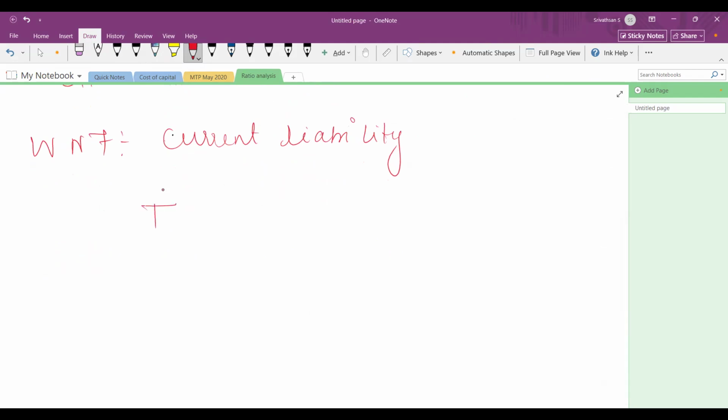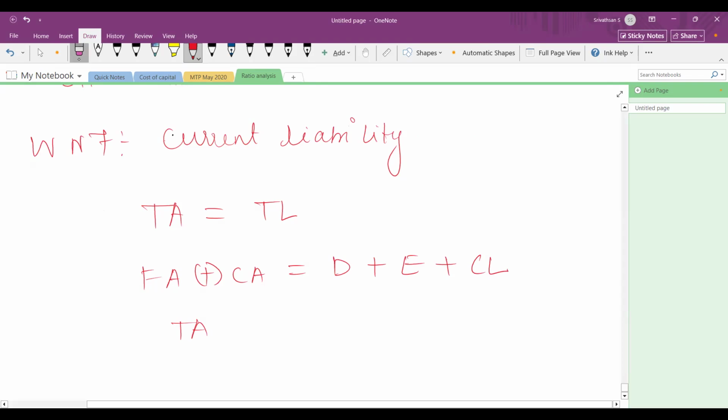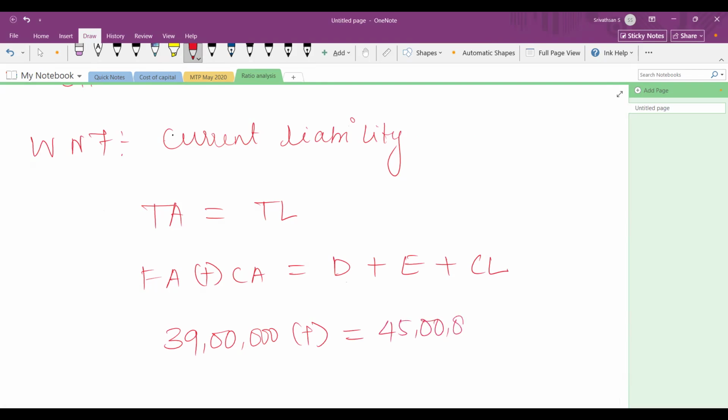Listen, we know that total asset is equal to total liability. Total asset, we have fixed asset plus current asset. On the liability side, we have debt plus equity plus current liability, right? Fixed asset is given in the question, how much? 39 lakhs. So 39 lakhs plus current asset is equal to debt, 45 lakh, plus equity, 30 lakhs.